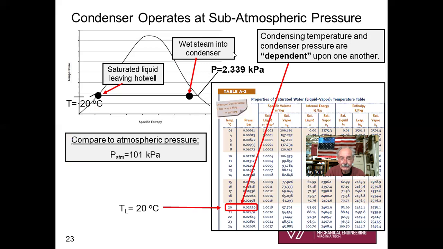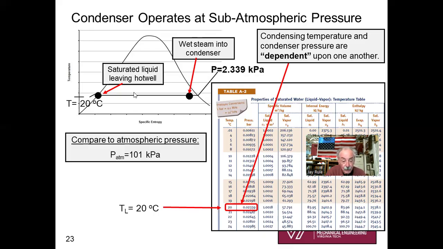Be aware that for steam power plants, the condenser operates well below atmospheric pressure. So let's do a little example problem. Let's say our cooling water is at 20 degrees C. That's pretty reasonable. We're cooling at constant pressure from a very high quality to no quality, to saturated liquid.